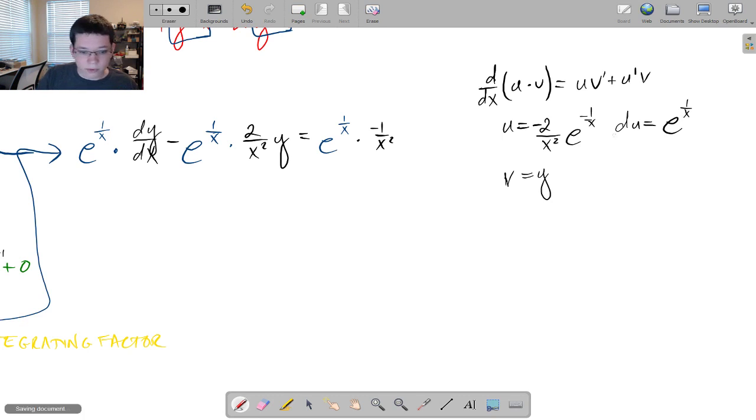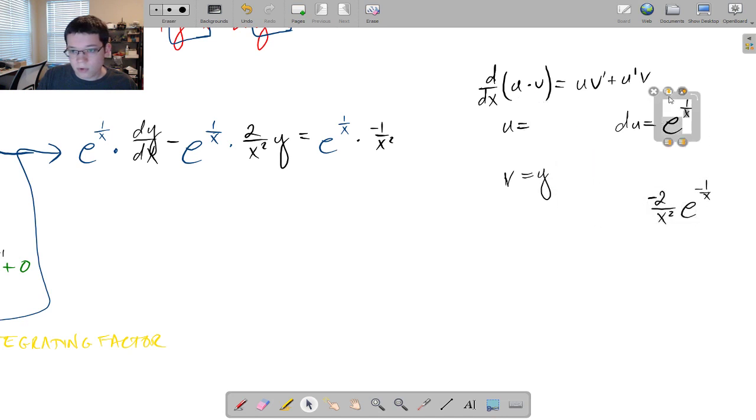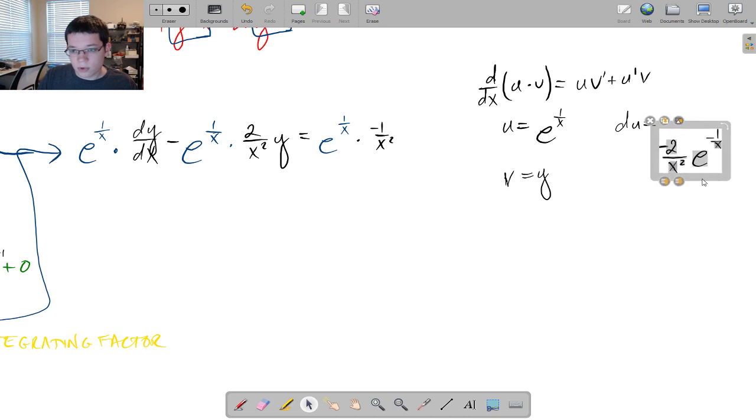Nope, got it backwards. It's that. So u is e to the 1 over x, du is negative 2 over x squared, e to the negative 1 over x.